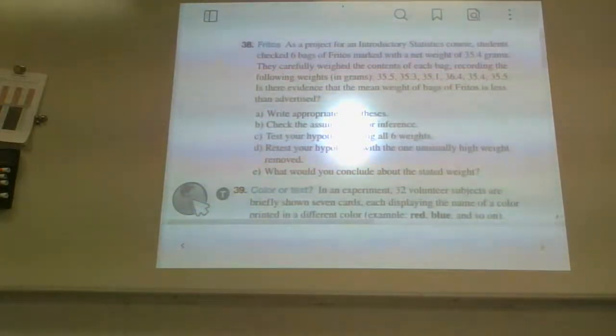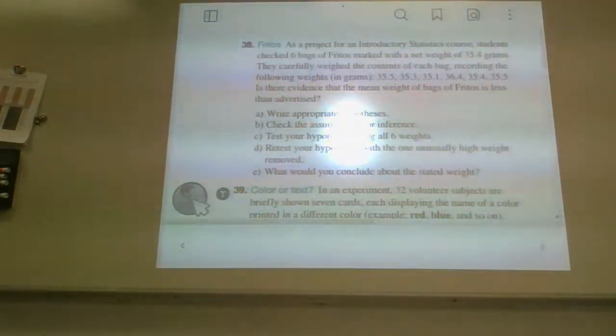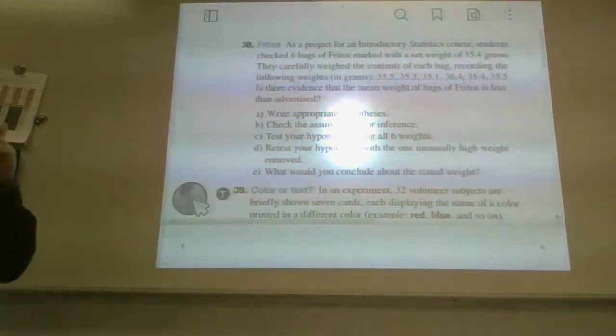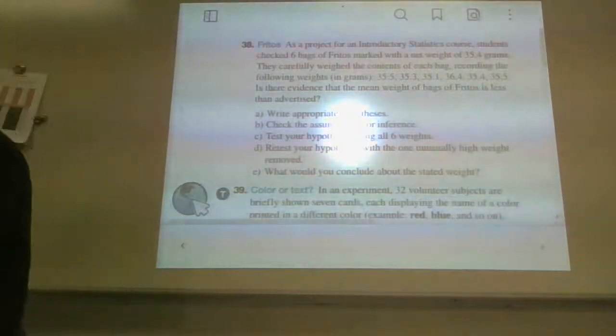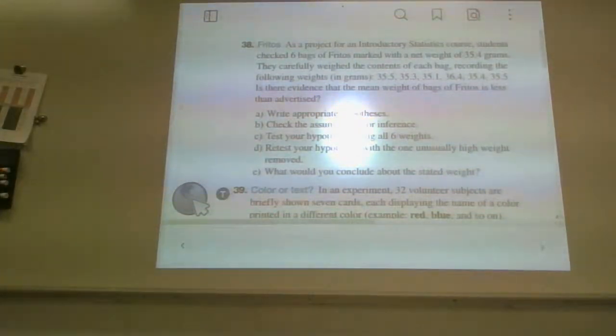Here's what I want you to do. I want you to try this one on your own for a few minutes. Now, this is a quote-unquote short-ish problem. I say short-ish because depending on how you treat it, it could be an incredibly short problem, but we'll see.